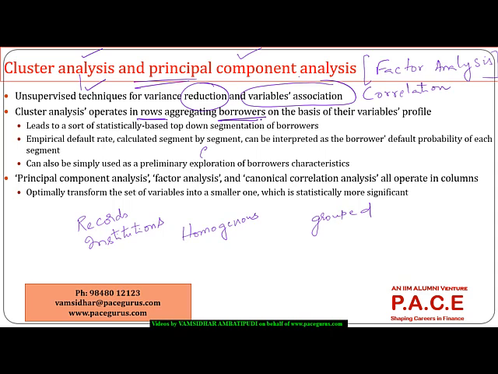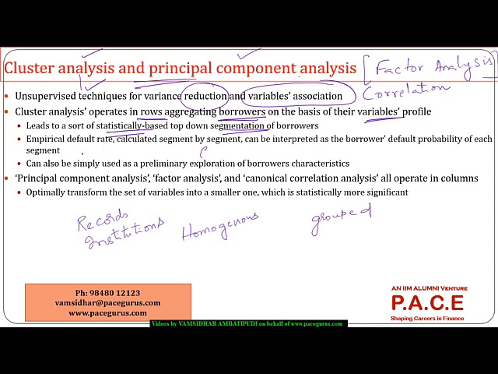So different kinds of borrowers are being aggregated into a homogeneous grouping based on their various parameters. It's a statistical technique, and a top-down segmentation of the borrowers is typically done.